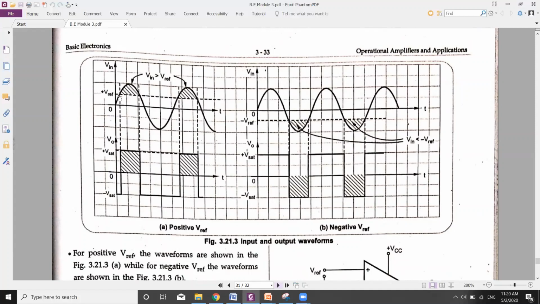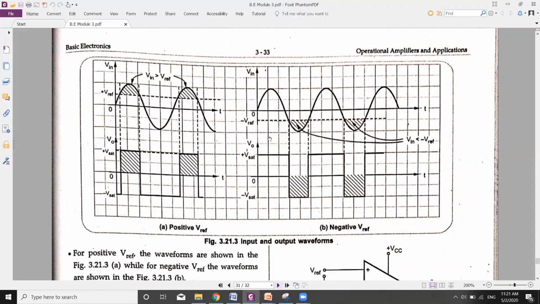When the input voltage is greater than this V reference, meaning the input is above the dotted line, the output is plus Vsat. When the input falls below this dotted line, the output is minus Vsat. In the next positive cycle it is plus Vsat and minus Vsat again, and this continues. This is the case when we take the reference voltage as a positive voltage.